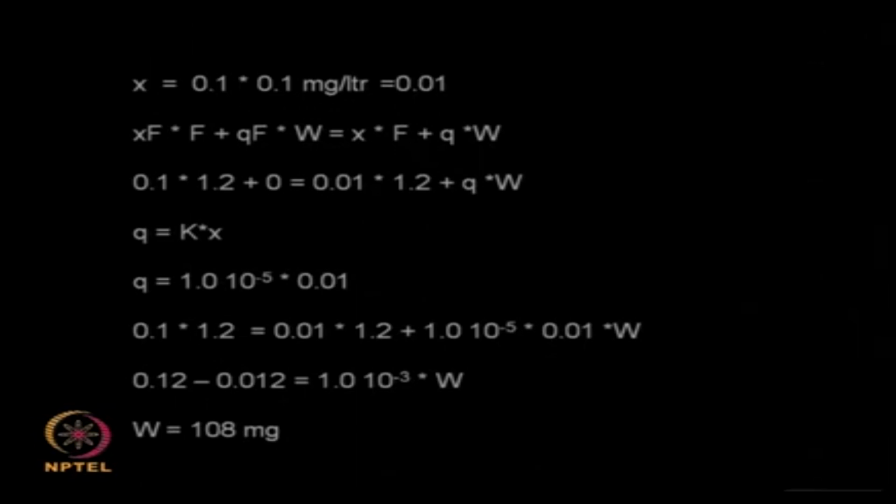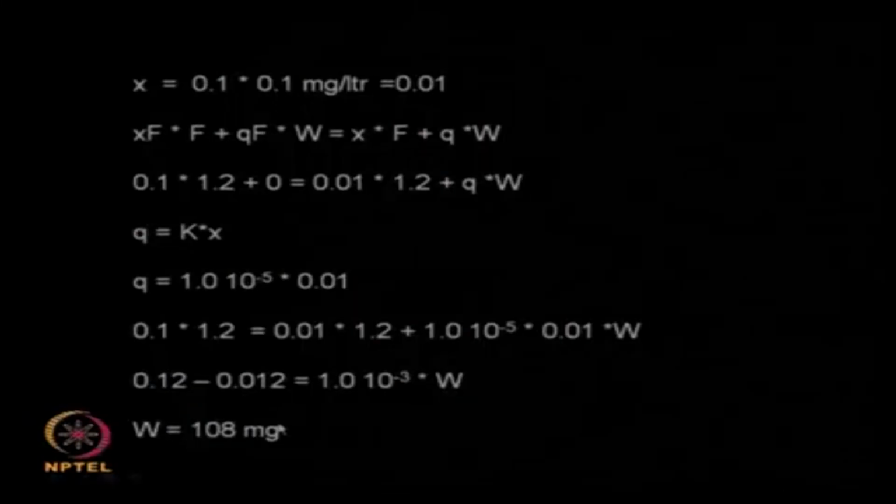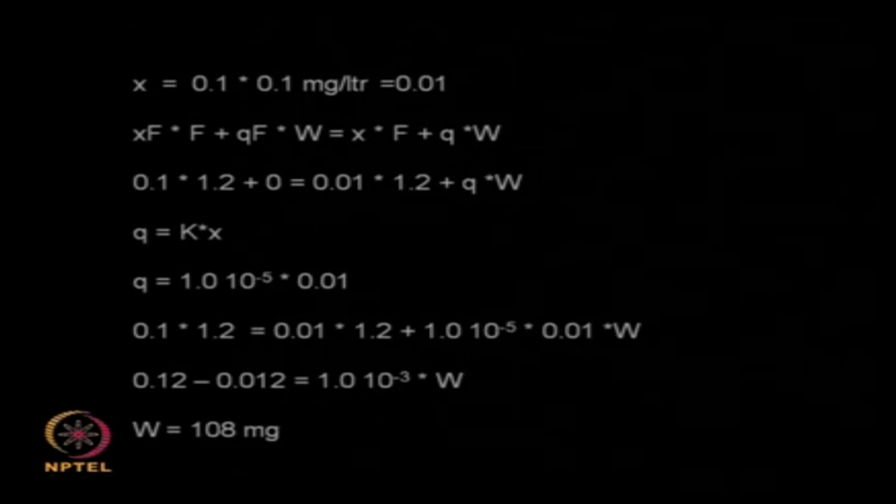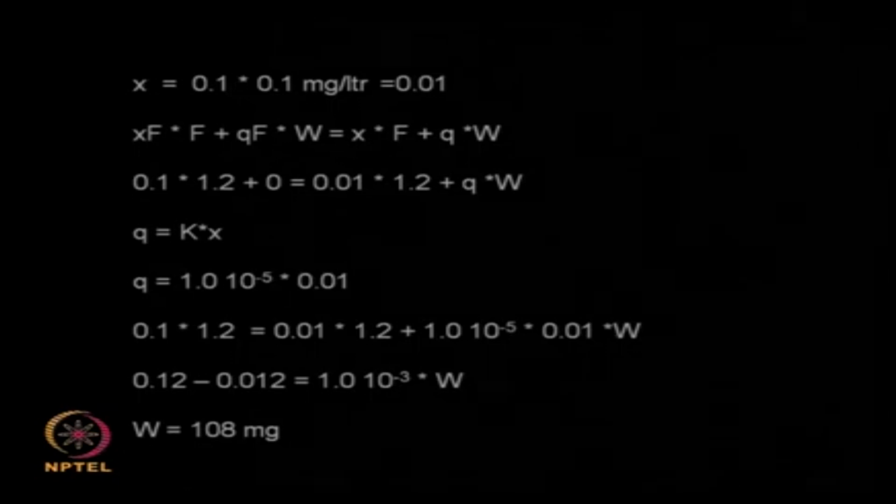So, if I want to perform this adsorption in my lab, by doing this mass balance and assuming I want to recover 90% of the solute, I can calculate the amount of adsorbent required. Instead of blindly adding some amount of adsorbent, I will know exactly that, if the system follows a linear relationship, I need to add 108 milligrams of this adsorbent.